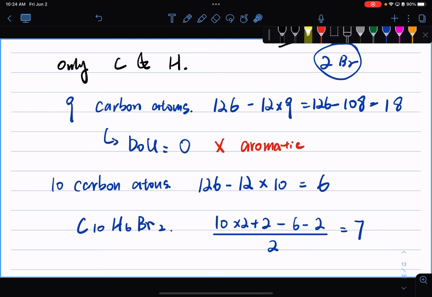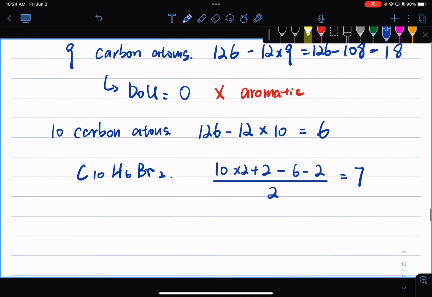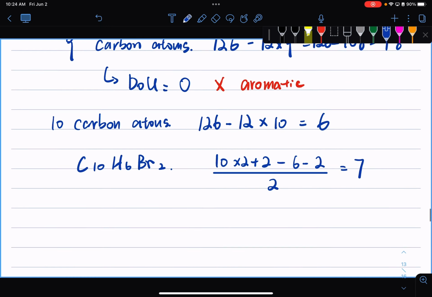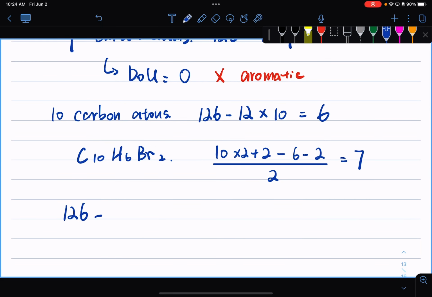No, you can pick 8, and then you'll figure out it's not right. So if you think about it, let's say 126 minus 12 times 8. What does that give me? This 126 only has carbon and hydrogen, right? So 8 times 12, that's 96. 126 minus 96, that's 30 hydrogens.